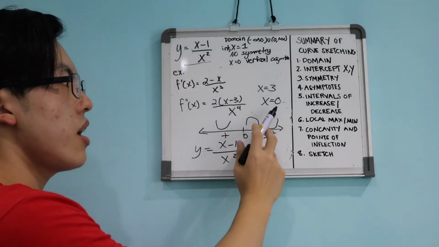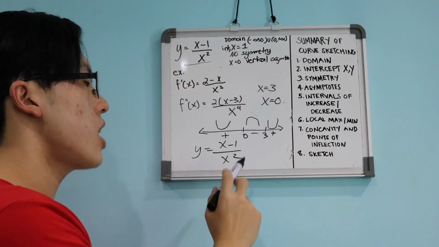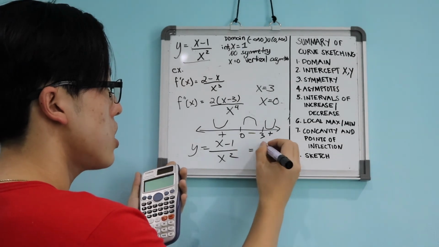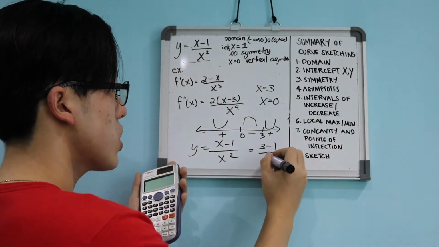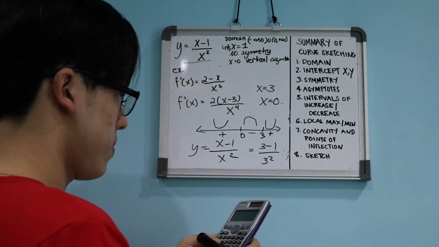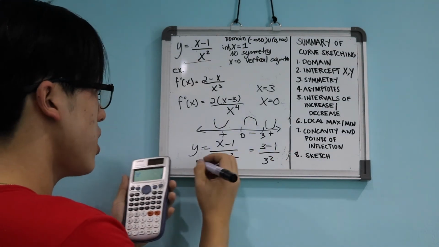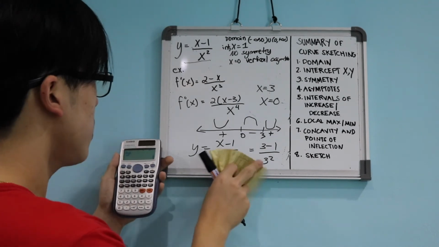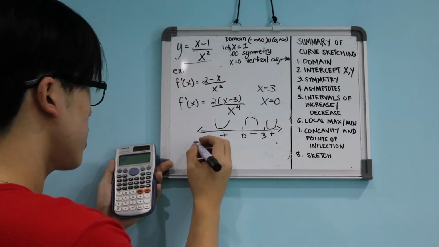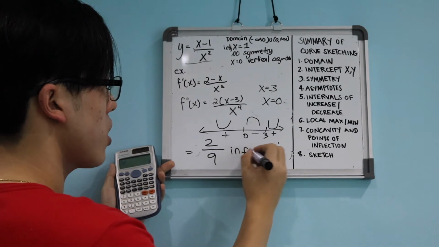You cannot plug in x equal to 0 because at x equal to 0, it is undefined. So you're going to plug in 3. So it equals 3 minus 1 over 3 squared, and the answer is 2 over 9. So this is the inflection point.